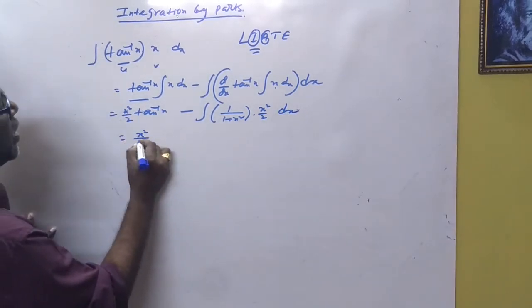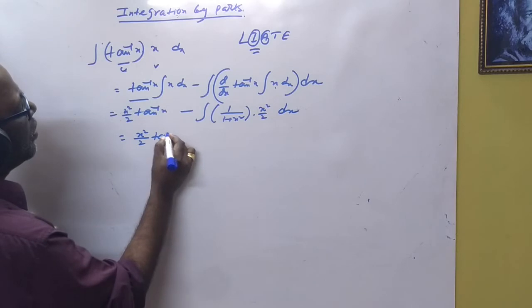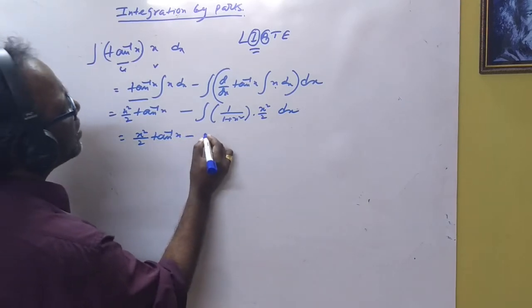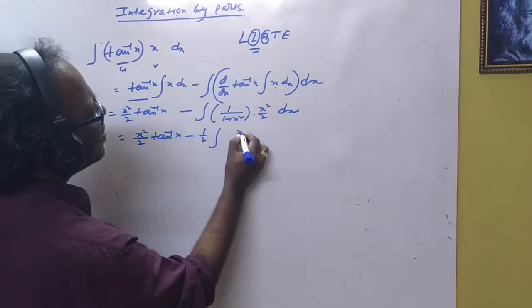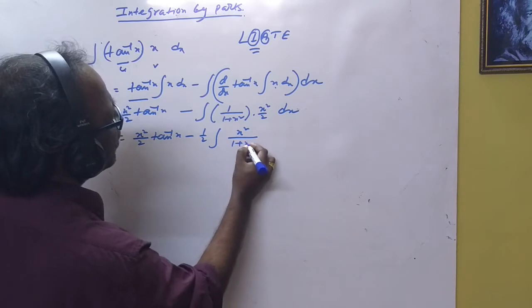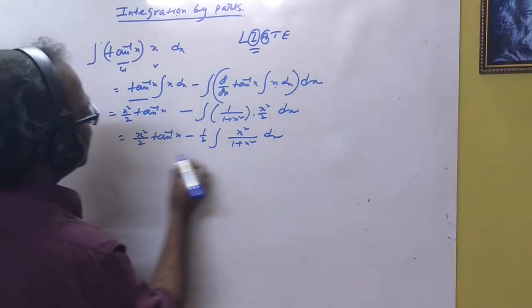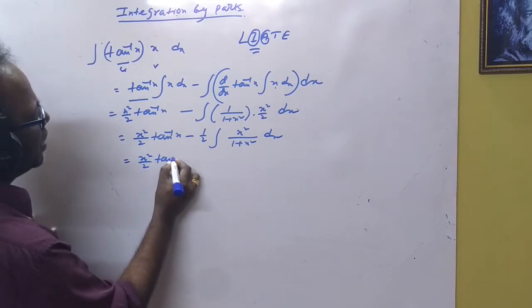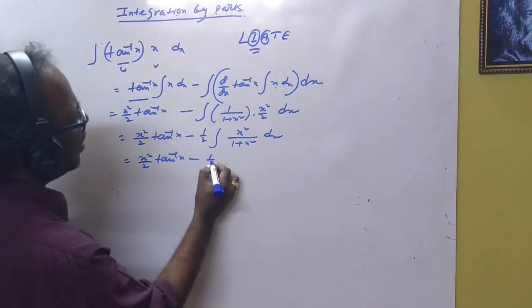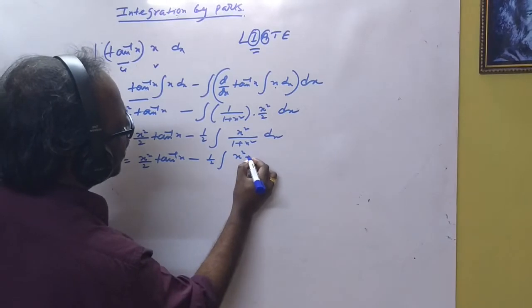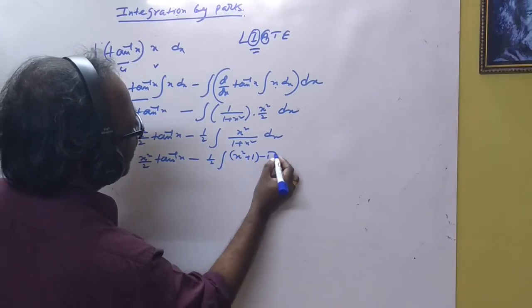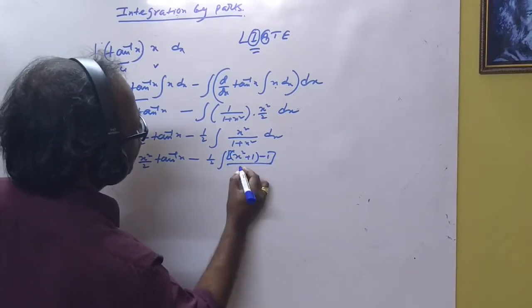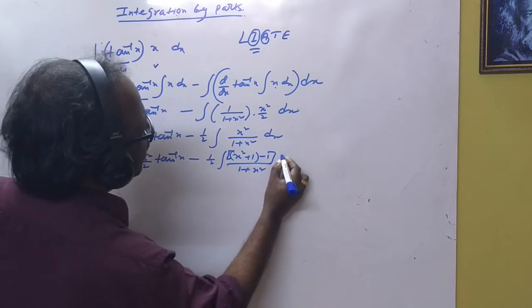So x square by 2 tan inverse x minus x square by 1 plus x square and dx here. So x square by 2 tan inverse x by 2, x square plus 1 and balance with minus 1, and dx here.